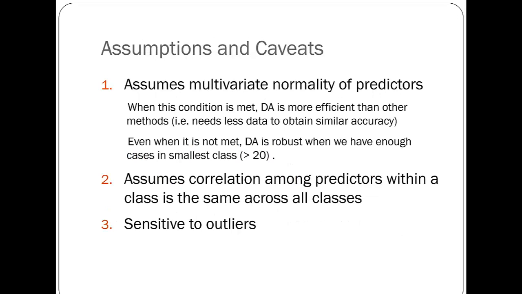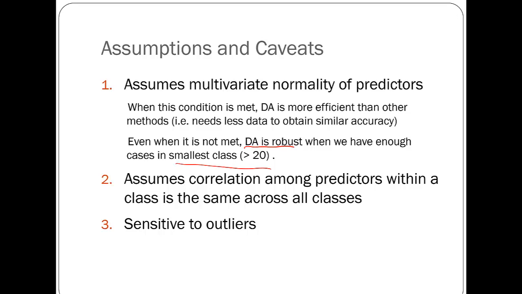So what are the assumptions we have to make in order to do discriminant analysis? The first one is that we have what's called multivariate normality of the predictors. In other words, the x variables have a multivariate normal distribution, and discriminant analysis is most powerful when that's the case. However, even if we don't have multivariate normality, discriminant analysis is fairly robust as long as we have enough cases in the smallest class, and we'll say greater than 20.